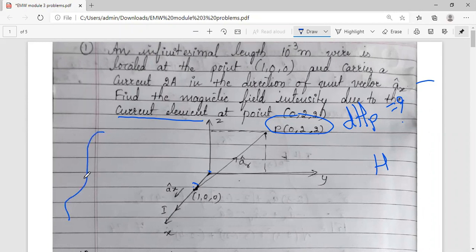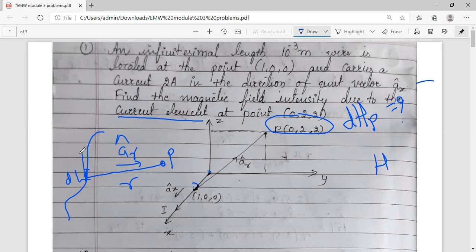If there is an infinite conductor, if I take a small portion dl, okay, this is your dl, and see, this is your point P. I can draw a line joining here. This is your distance r, and in the same direction you have AR. At what point you want the field, that is in AR.